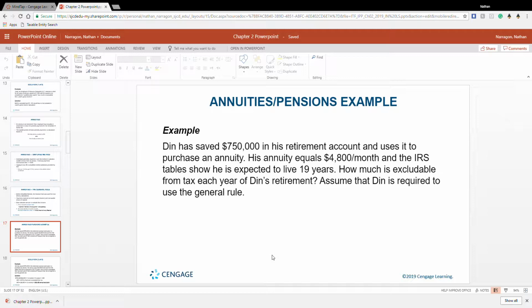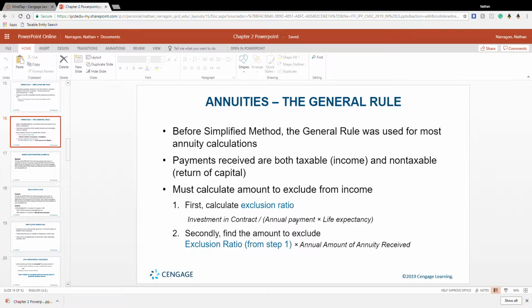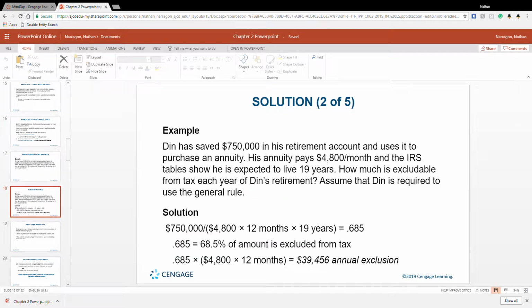Alright. So, with that being said, first thing we have to do is figure out the exclusion ratio. So again, we're using this formula right here. We take the investment divided by annual payments times life expectancy. So here, we know it's $750,000 was the contract that he purchased. We know he gets $4,800 per month, so we need to times that by 12 months.